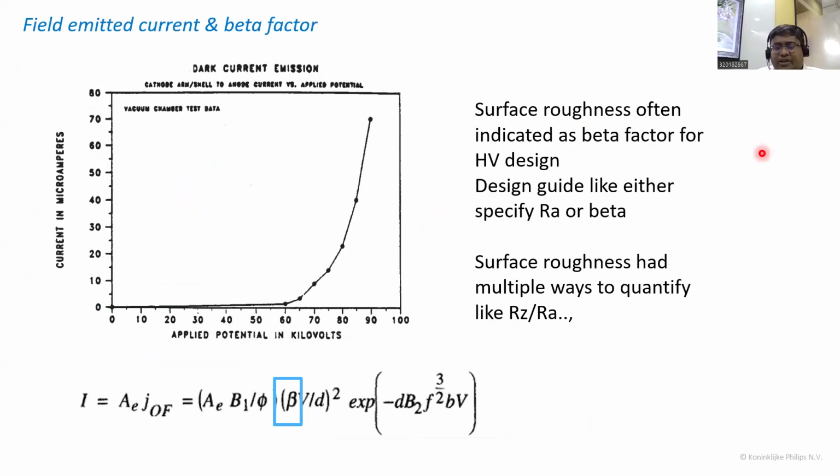Not only surface roughness, we generally try to evaluate the beta factor, which is normally done if troubleshooting is needed, because the beta factor is a little bit above the surface roughness. If you have a curved electrode inside vacuum, due to the curvature you have a high field. On top of that, a rough surface is more dangerous there compared to a rough surface over a flat part of the electrode.